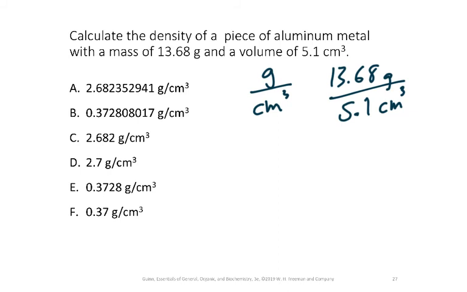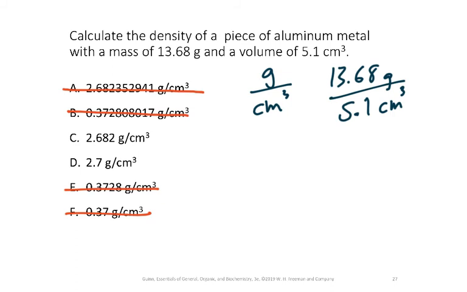Okay, if you flipped it and you did it wrong, you'd get these answers. So those are inverse, those are wrong. We can see that all that's left are just a difference of sig figs. Now, I guess A is probably what your calculator would give you, but way too many numbers.